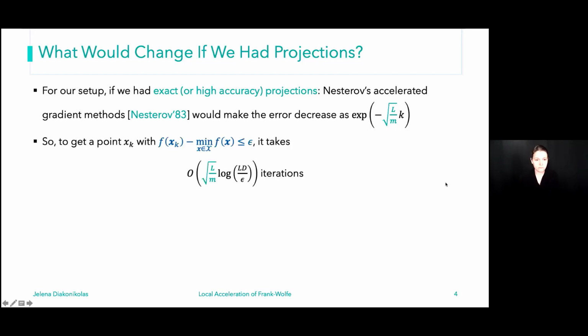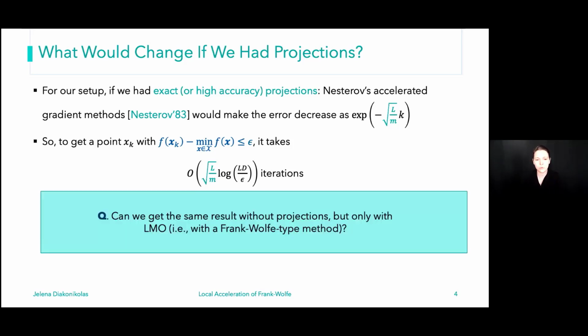And so to get a point with error epsilon, you need root condition number times log 1 over epsilon iterations. And the natural question to ask is, can we do this also with Frank-Wolfe type methods, where by Frank-Wolfe type methods, I mean you access the polytope with a linear minimization oracle?